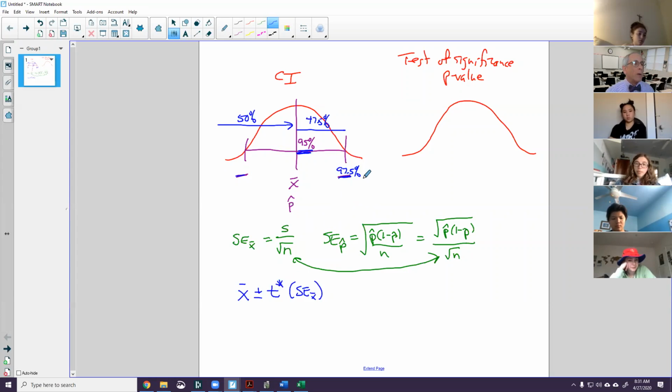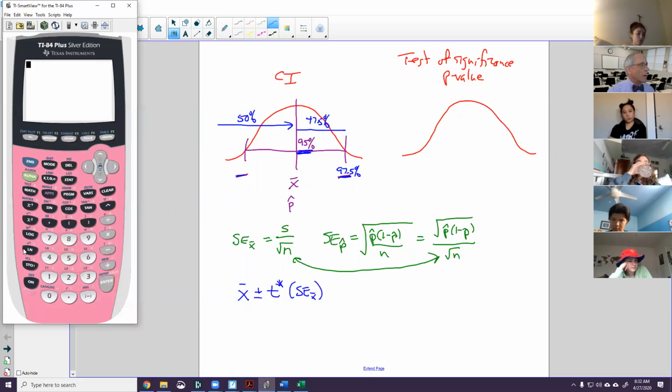Okay. So the way I'm going to do that is I'm going to pull up my calculator, and I'm going to go second distribution. I know the percentile. I need to find the t-score. So I'm going to go inverse t, so that's 4, and I'm going to do 0.975, and then I have to put in my degrees of freedom.